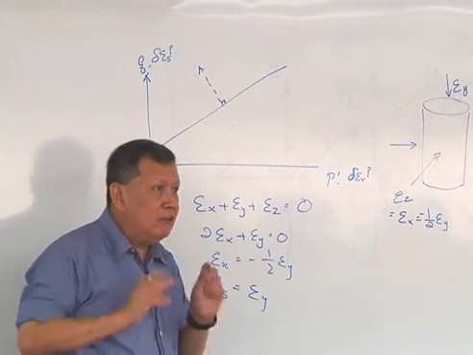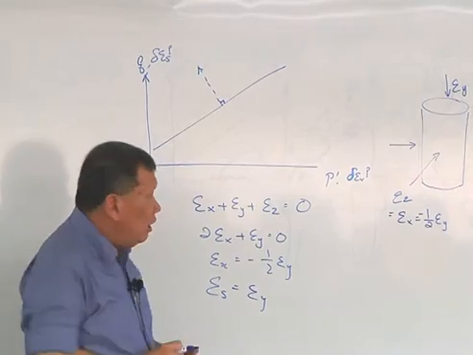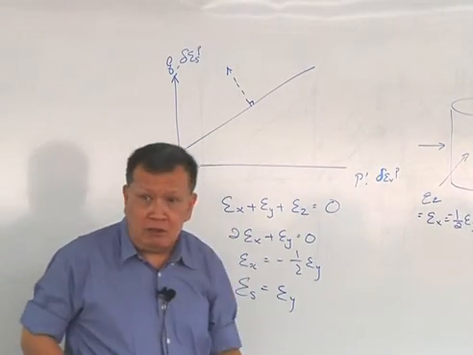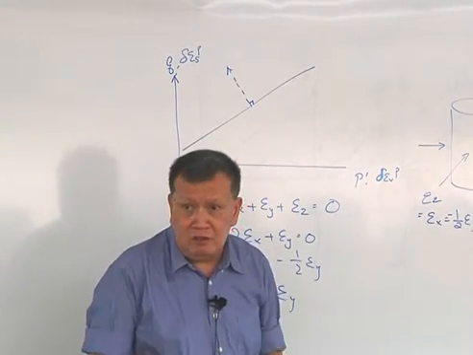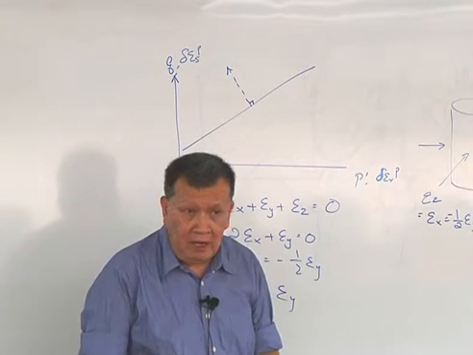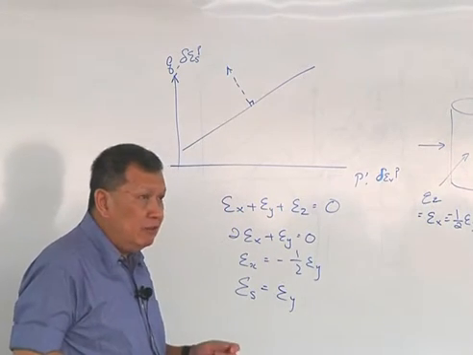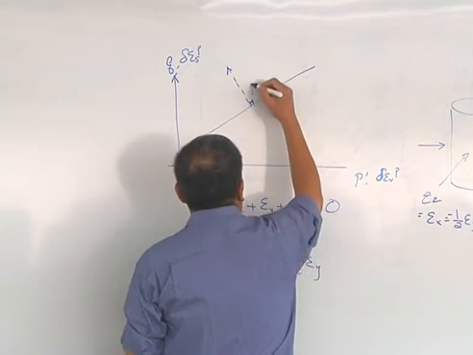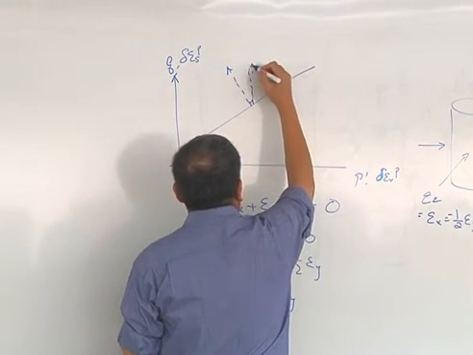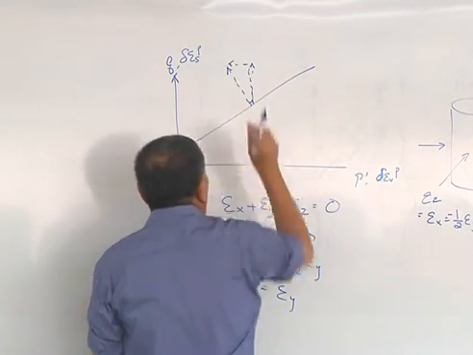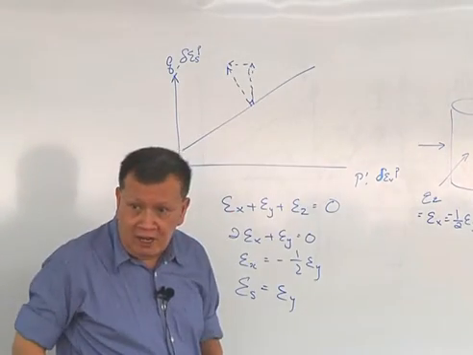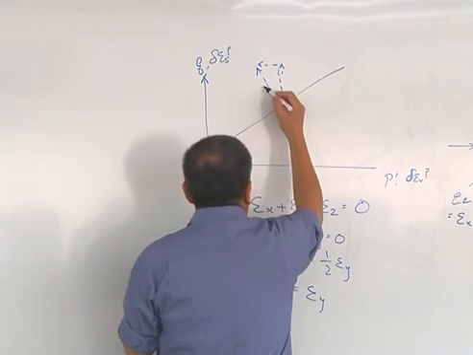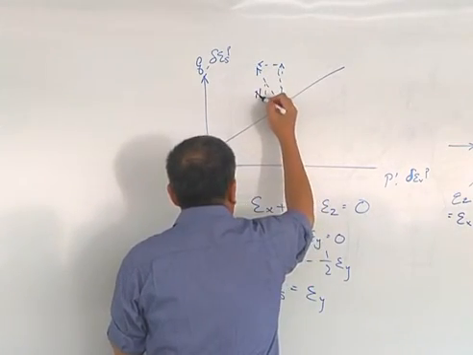Now, what does the strain increment vector tell you? Actually, the size of the strain increment vector is not important. It is the direction of the strain increment vector. The direction must be interpreted as this. It has two components, a vertical component and a horizontal component. Correct or not? Okay, let's say the gradient of this strain increment vector is n, for instance.